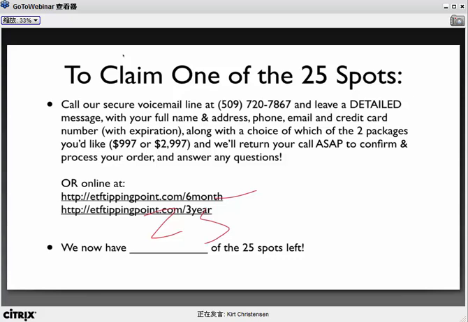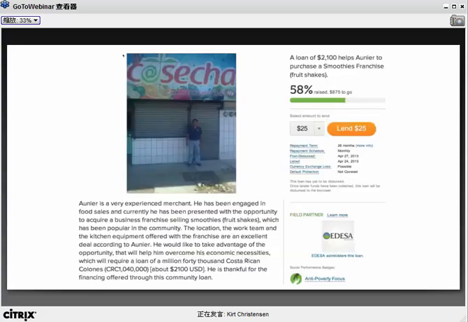So a little bit about Kiva. Kiva gives, like we said, microfinance loans to third world entrepreneurs. When they pay the money back, the money recycles in the system and you can loan it out again. So it's kind of like the difference between giving someone a fish versus teaching them how to fish. A lot of the loans that we fund are in places like Costa Rica and Nicaragua.